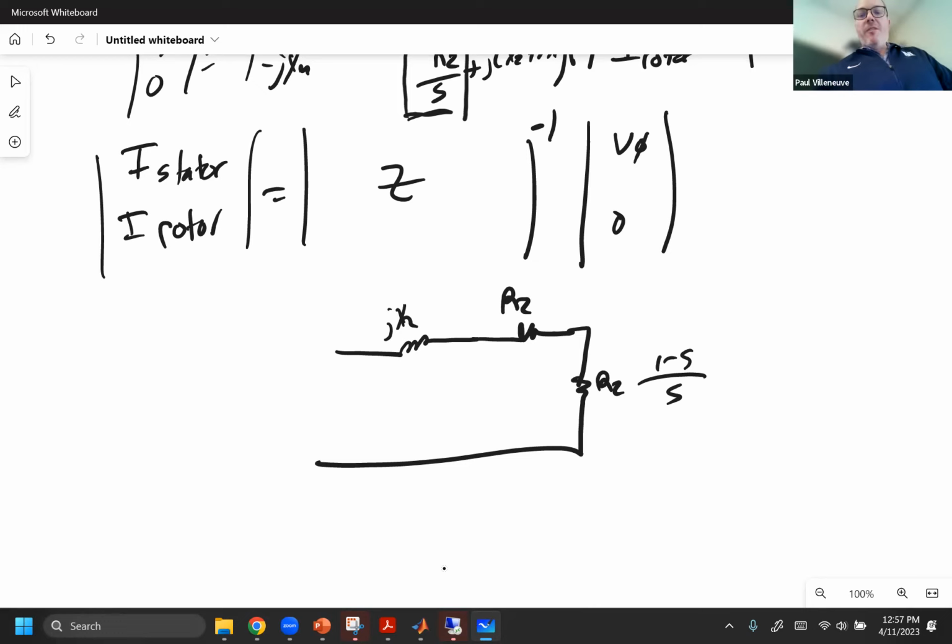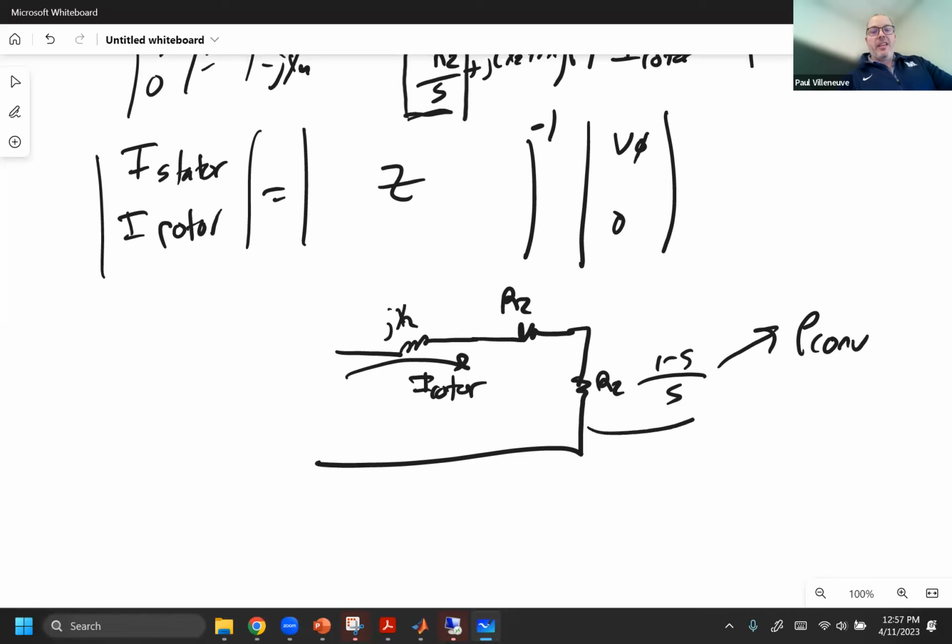The power that is output over here is the converted power. That's the actual power that is converted from electrical energy to mechanical energy. So once I know what my rotor current is, I can do I squared R, with R being this, and that'll give me my converted power. Okay?